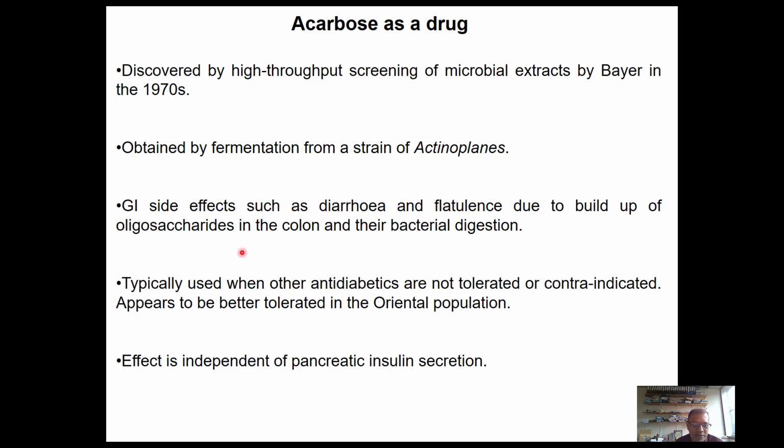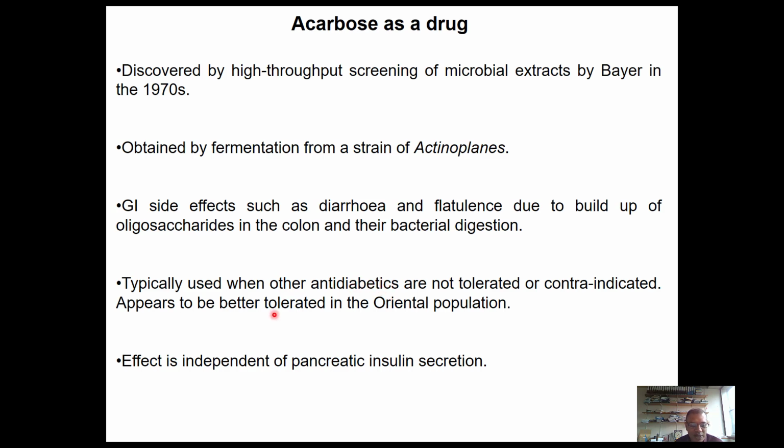And this is a drug that's typically used when other more common antidiabetics like the metformin and the sulfonylureas that we covered in part 1 are not tolerated, or for some reason they're contraindicated. And it's also a drug that is better tolerated in the Oriental population.